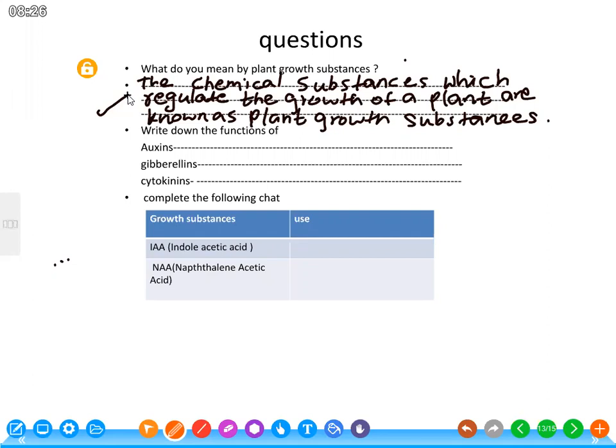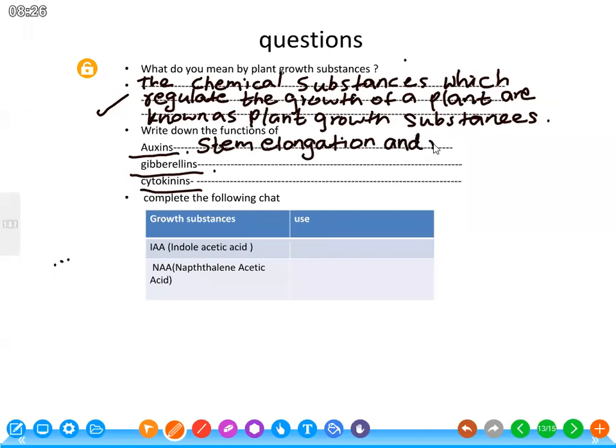Second question. Write down the functions of auxins, gibberellins, and cytokinin. So here I mention only one function, stem elongation. It helps for stem elongation and root elongation.